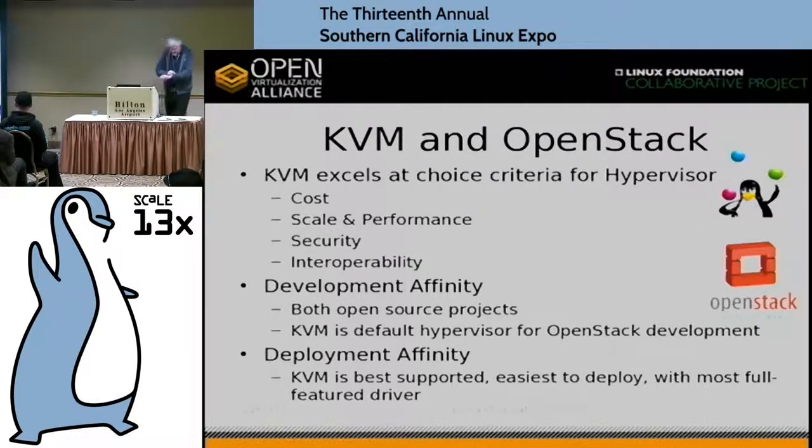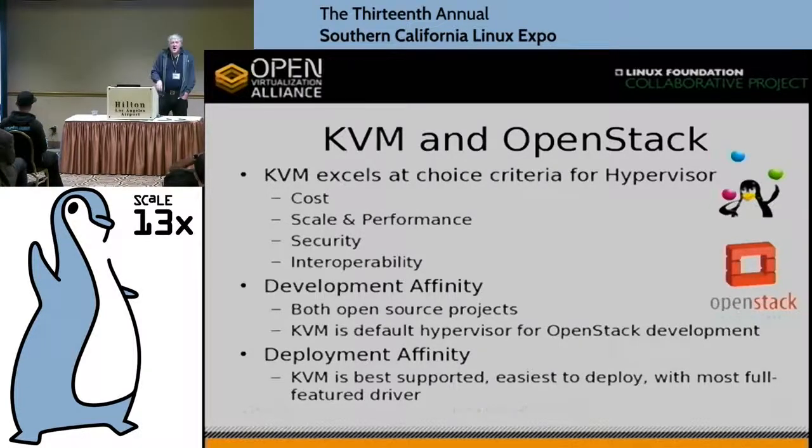So why are KVM and OpenStack fitting together so well? Firstly, if you look at what OpenStack and an open cloud needs in terms of the hypervisor, KVM excels at those criteria.